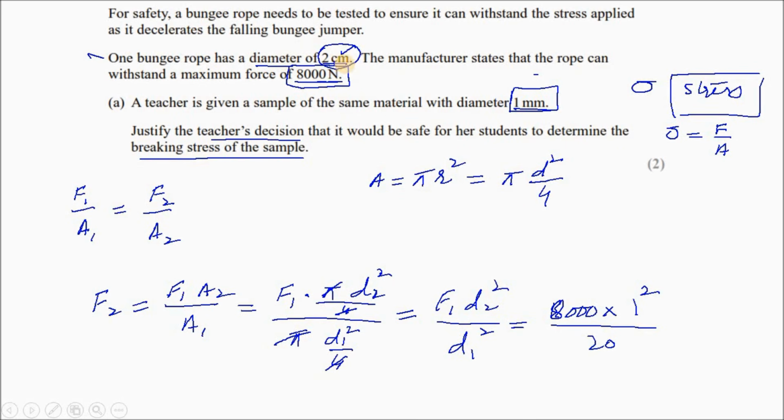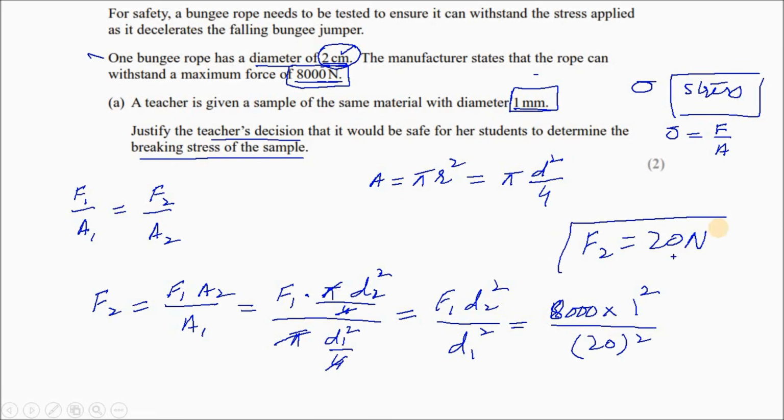So the first diameter should be in millimeter. So it's 20 square. You don't need to convert to meter because we have a ratio of d2 and d1, so millimeter will get cancelled. It doesn't matter. Clearly, if you solve this equation, F2 you will find is 20 Newton.